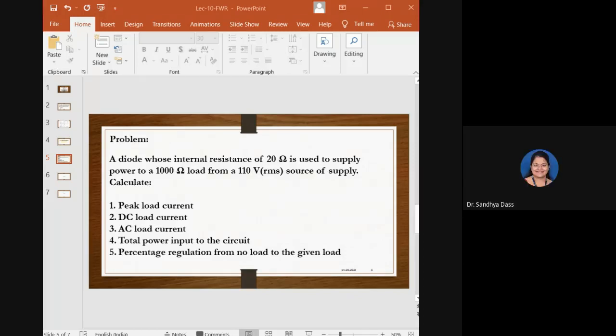Yes, yes, the answer for the fifth one is 2%. Correct.